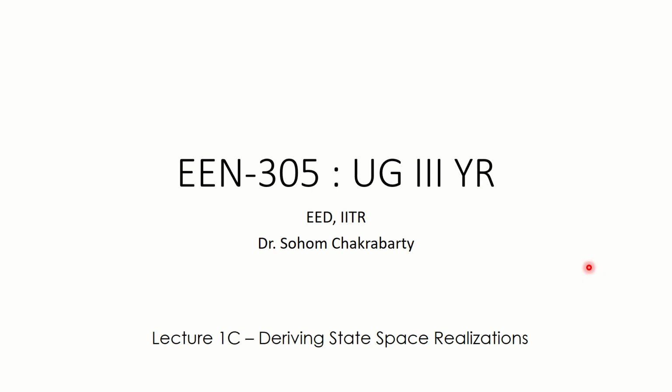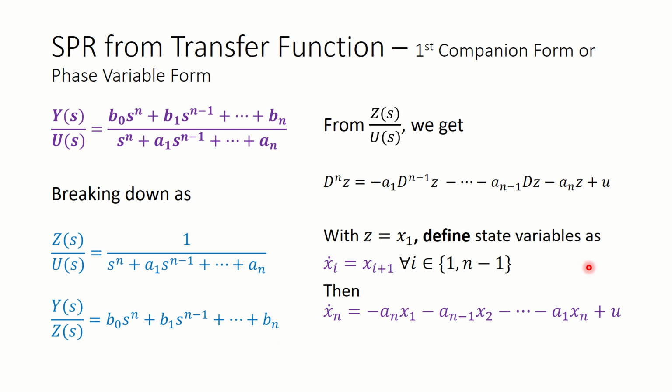With this introduction, we move ahead and look at the first form that we derive from the transfer function, and this is called the first companion form or the phase variable form. These are various names you will find, and it so happens that I particularly tend to forget the names of these forms.